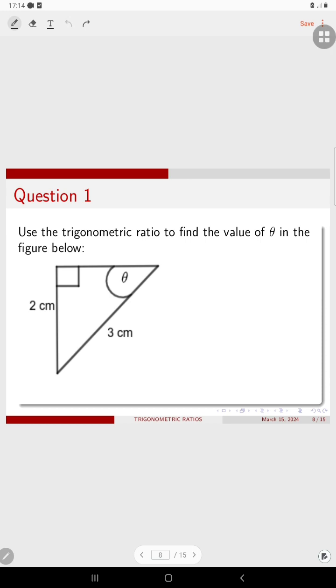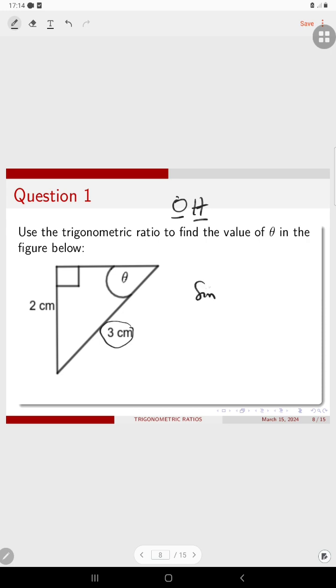The 2 is our opposite because it's the one facing the reference angle. The 3 is the one facing the 90-degree angle, so it is the hypotenuse. So we have been given opposite and hypotenuse. What ratio do we use? We use sine.